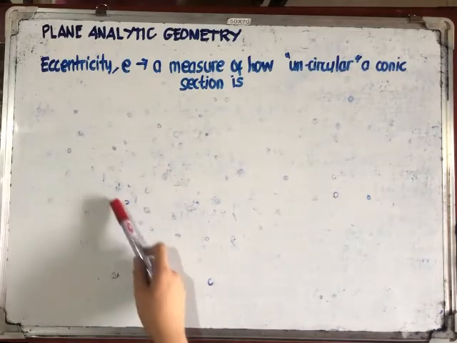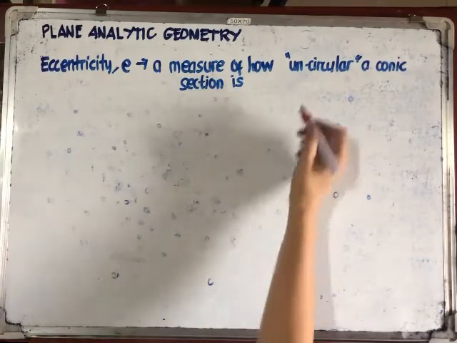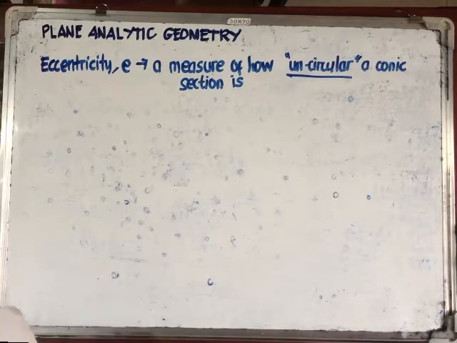So, si eccentricity, ginagamit to natin sa design ng mga subjects. No? So, this is the distance between the centroid and the point of application of the load. But for analytic geometry, eccentricity is a measure of how uncircular a conic section is. No? Parang kino-compare natin siya sa bilog.